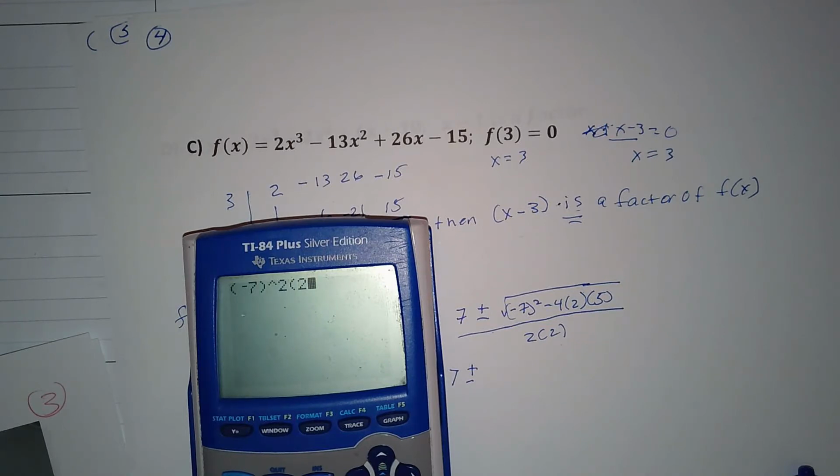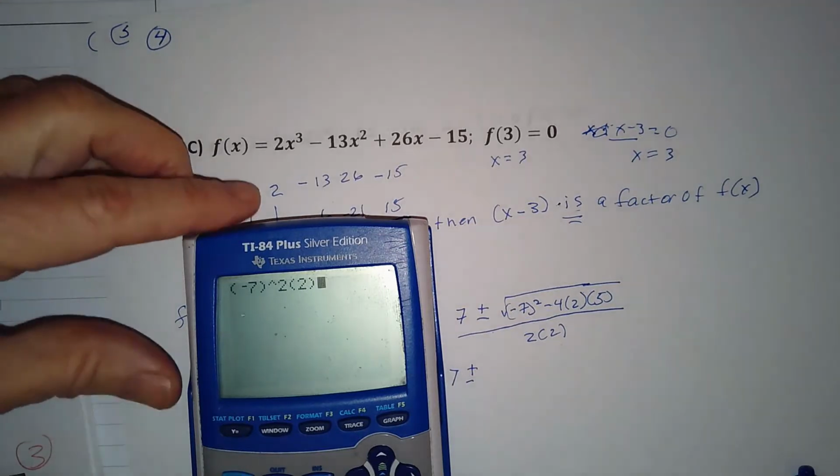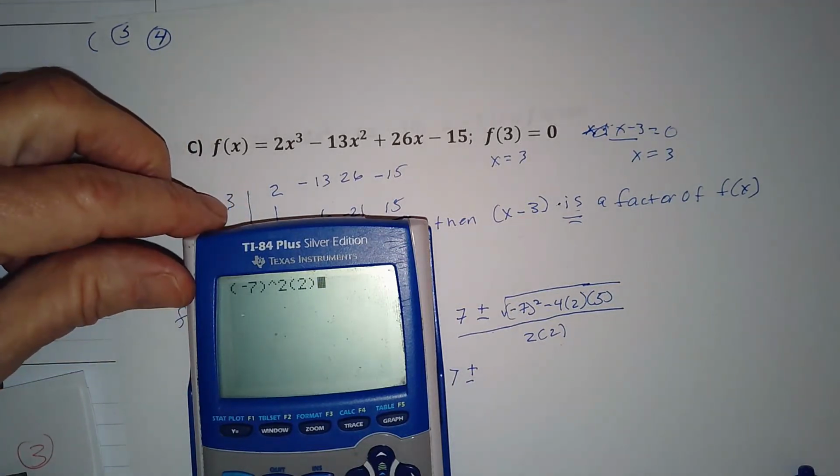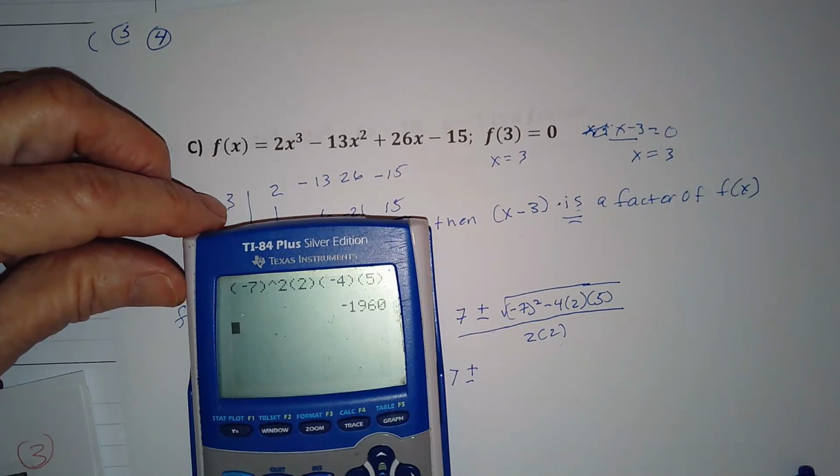I think it'll work this way. And parentheses, and then times 5. Whoop. Negative 4 times 2. Well, let's do the negative 4. So parentheses, negative 4, and then parentheses 5. And hit enter, and that is not right.